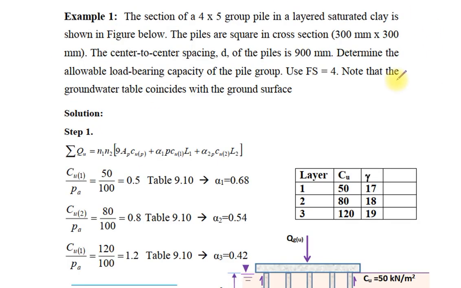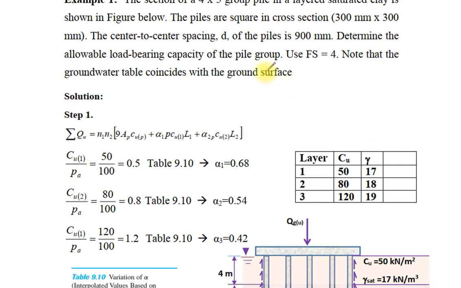Now let us take the following example to explain how to compute the ultimate bearing capacity for a pile group in saturated clay. In this example, the section of a 4 by 5 pile group in a layered saturated clay is shown in the figure below. The piles are square in cross section, 300 by 300.